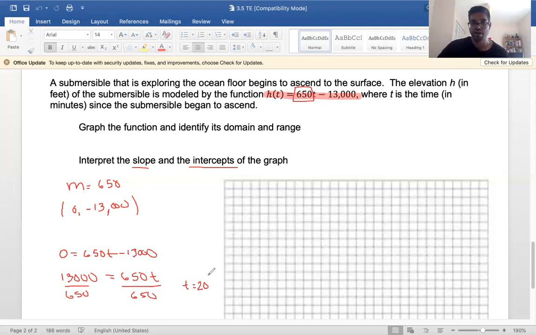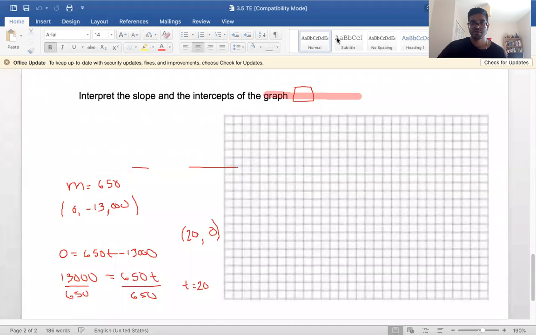You might be thinking, why did I set this equal to 0 and solve for t? Because now I've said that when my y is 0, my t value has to be 20. And so there's my other intercept. If you're looking at this on the graph, you're starting down here, and you're going up until you reach the surface of the water, somewhere over here.